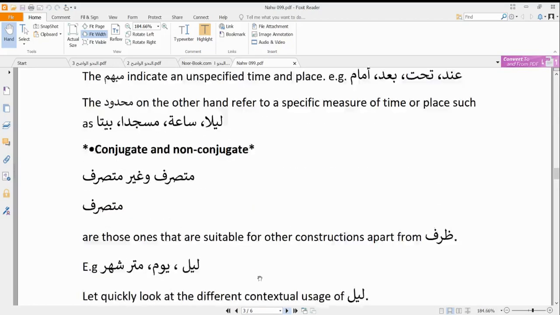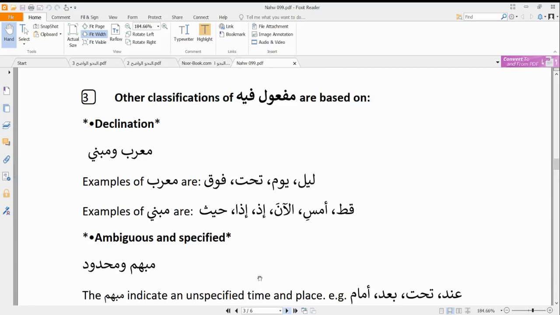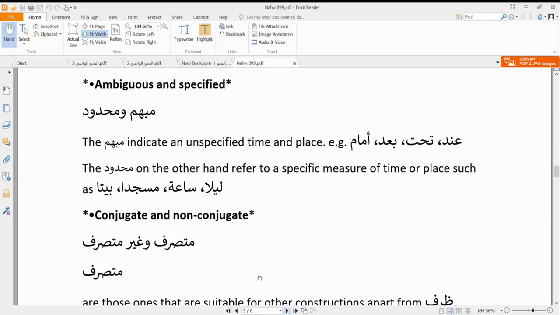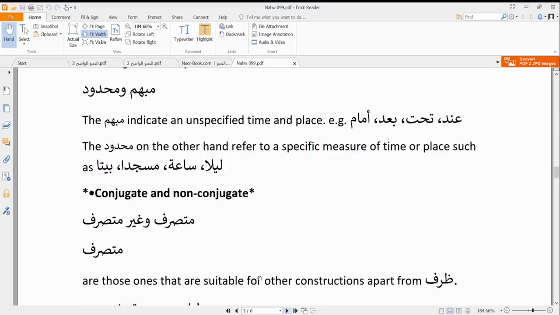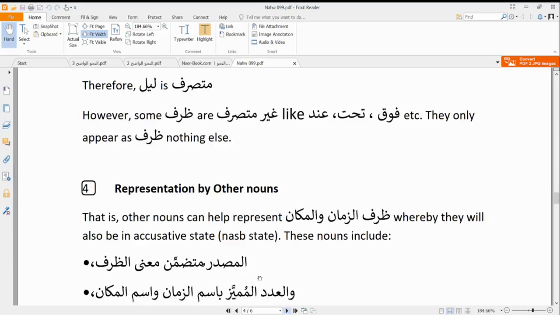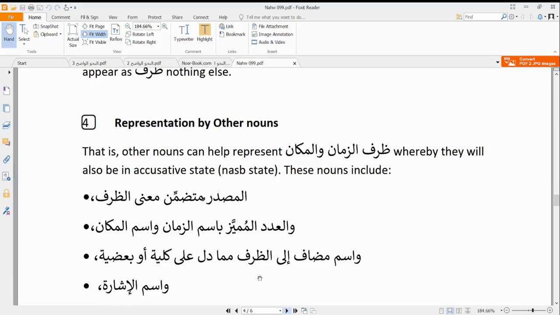So point 3, we've explained the classifications of maf'ul fihi: we can classify them based on their declination, based on whether they are ambiguous or specific, and whether they are conjugate or non-conjugate. Now the final point for this lesson: there are some other nouns that may function like a zarf zaman or makan.